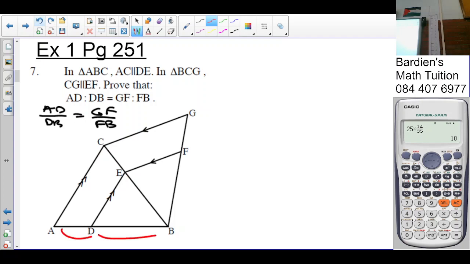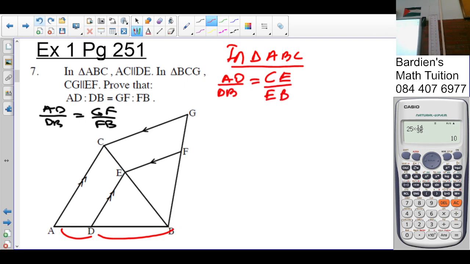So we say in triangle ABC, you don't have to say that, but just not to get confused, in triangle ABC we know that AD over DB is equal to CE over EB.